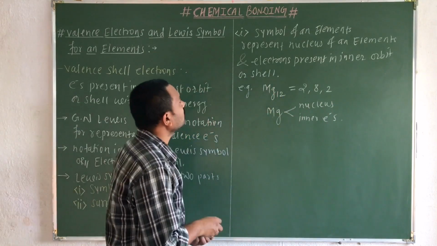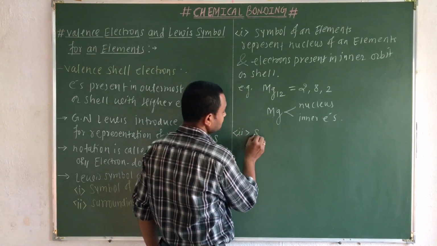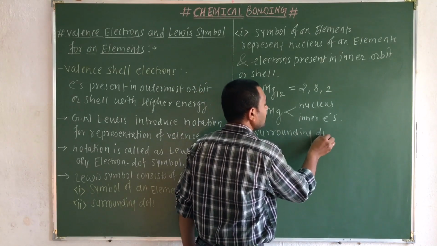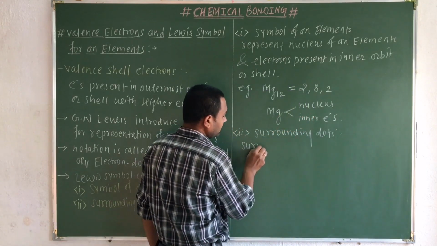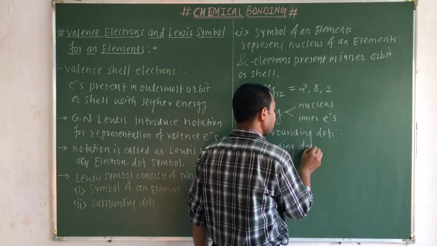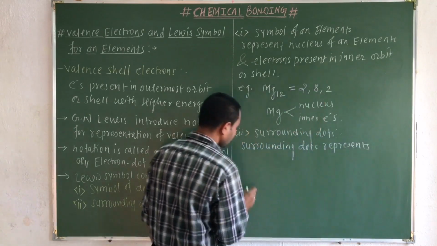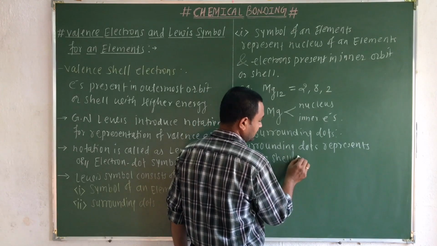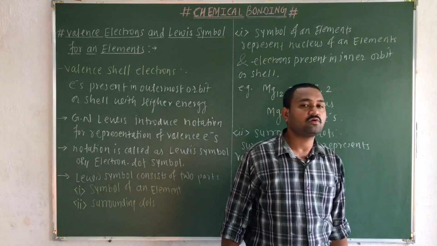Okay, now second, the surrounding dots. What is the meaning of the surrounding dots? It is very simple. Your surrounding dots represent the valence shell electrons that are present in the outermost orbit of an element.